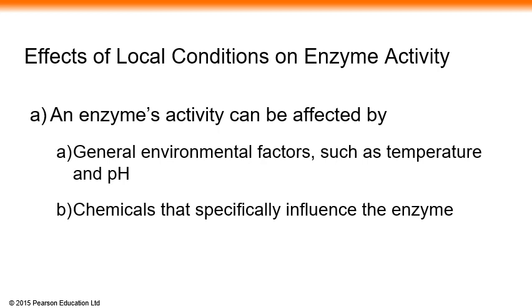And the effects of local conditions on enzyme activity. Enzyme activity can be affected by general environmental factors such as temperature and pH, and by chemicals that specifically influence the enzyme.